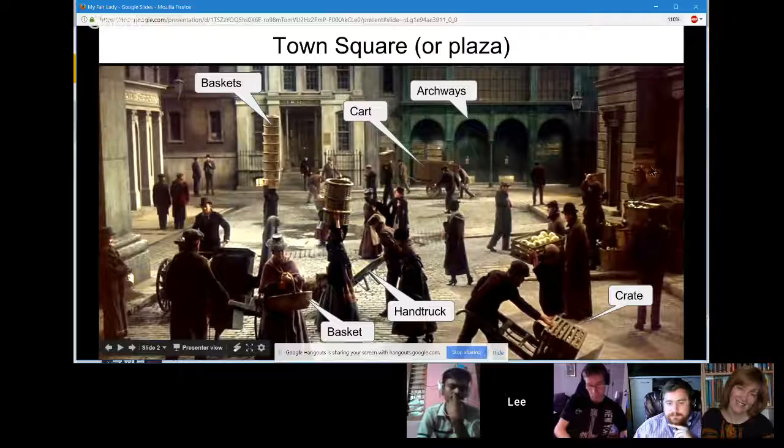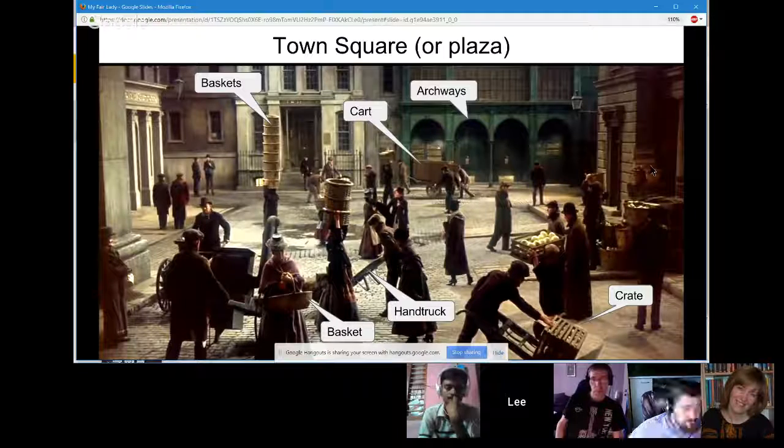Vasant? Yes, teacher, we had a class about a fairy tale about two friends, right? One man is deceiving the other one by saying, okay, I'm going to give you the hand truck. Is that the same vehicle?